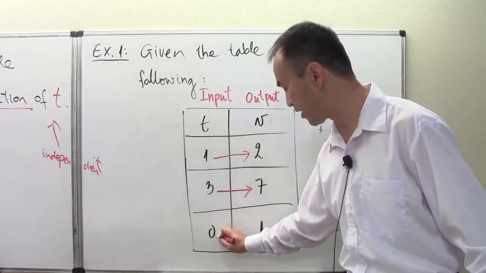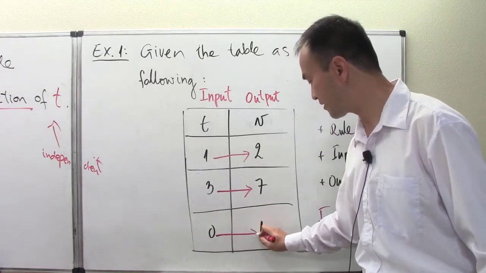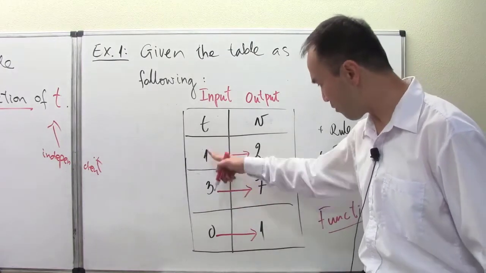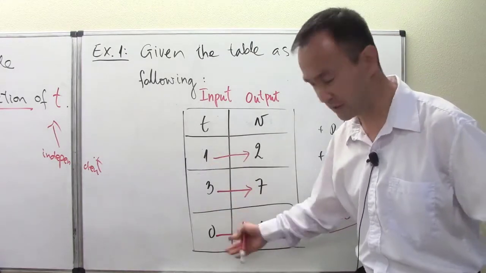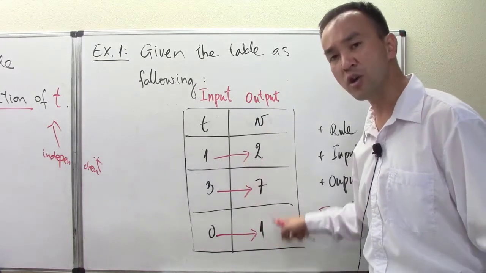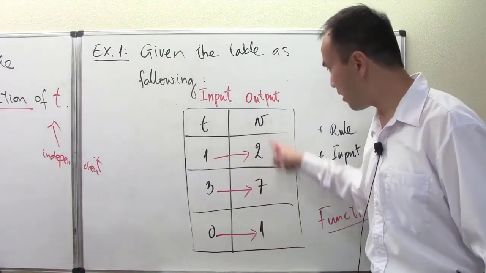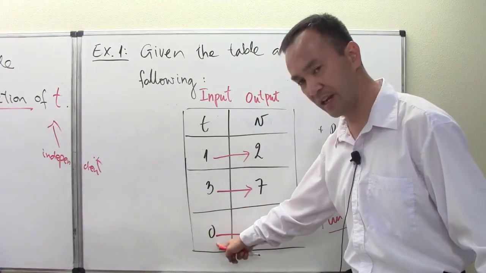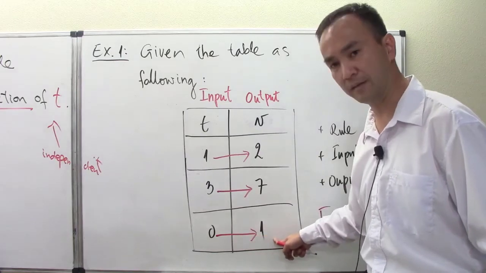0: right here in this table, 0 goes into 1. It looks like that 1, but it's just a number. But this 1 is listed as one value among the output values. At least the way I see it, 0 as the input goes only to 1.